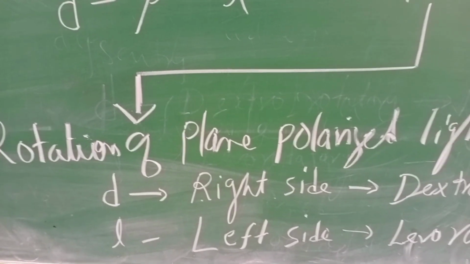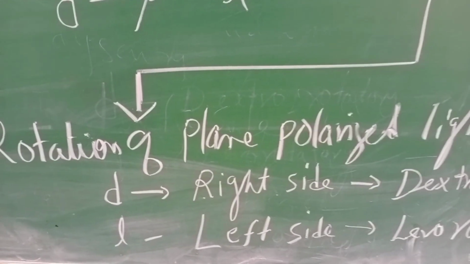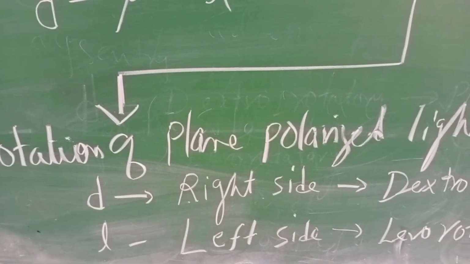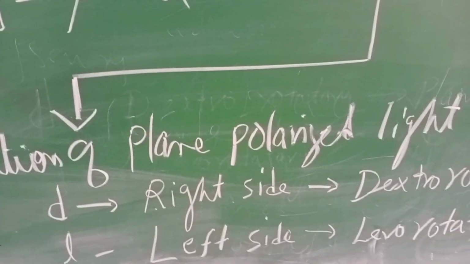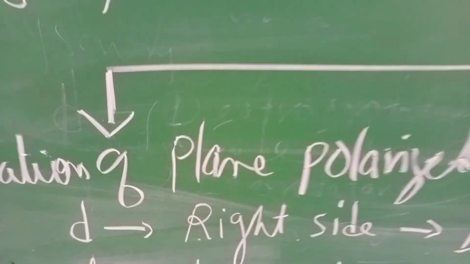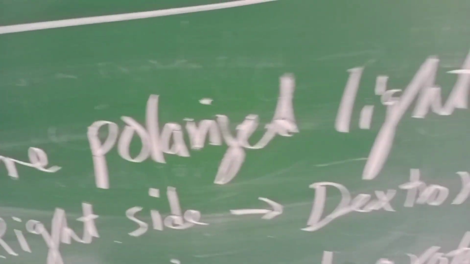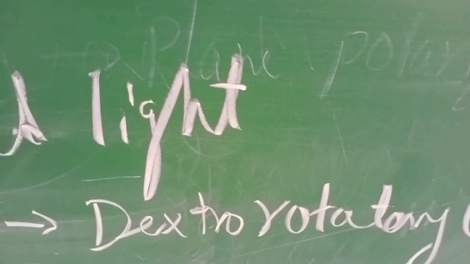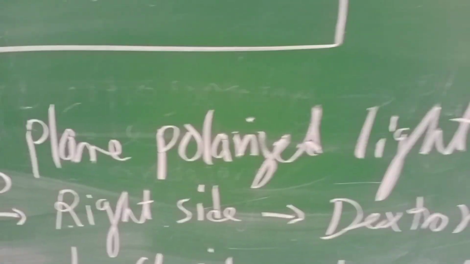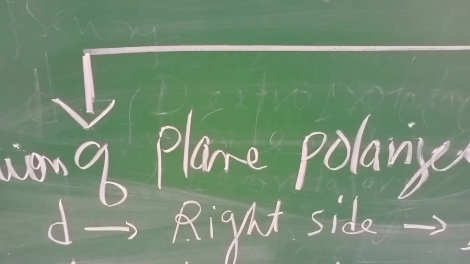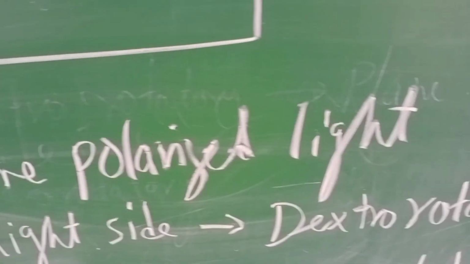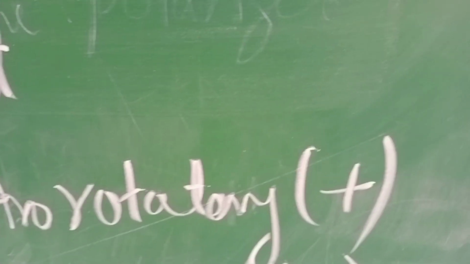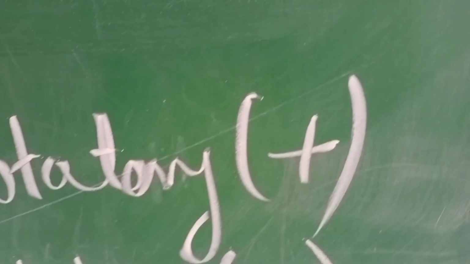If a molecule is able to rotate the plane polarized light towards the right side, it is represented by small d, and the molecule is said to be dextrorotatory. A dextrorotatory molecule is represented by the symbol plus.